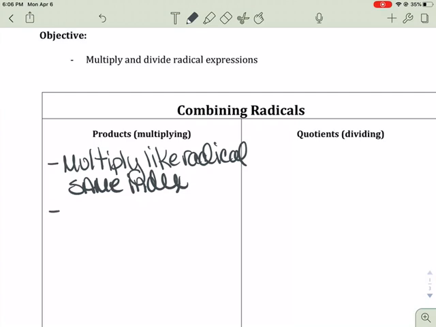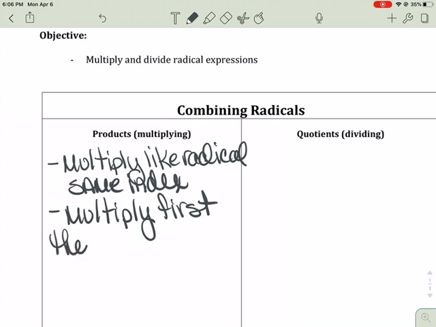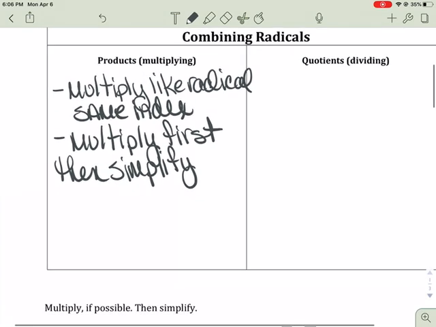Okay. You're going to multiply the numbers and add your exponents and stuff like that first. So you're going to multiply first. Then simplify. I just find that to be easier, because sometimes you can simplify and then multiply, but then you end up simplifying again.